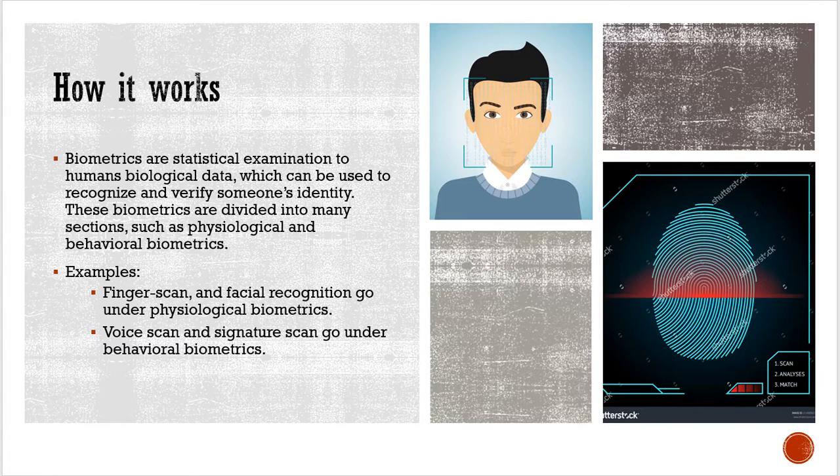For example, the finger scan, as you see on the screen, and also facial recognition are some of the physiological biometrics, and the voice tone or the voice scan is one of the behavioral biometrics.